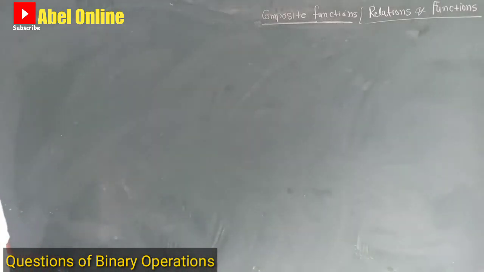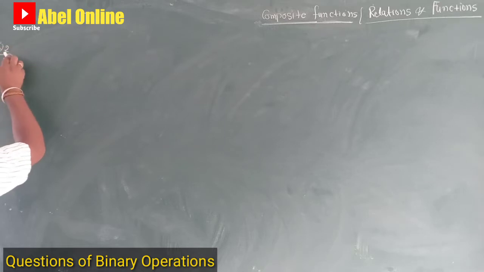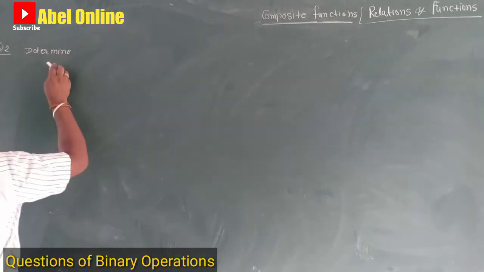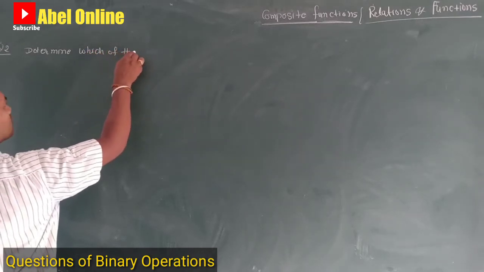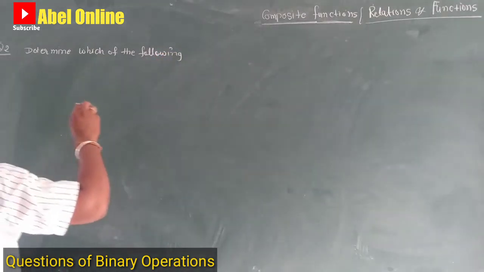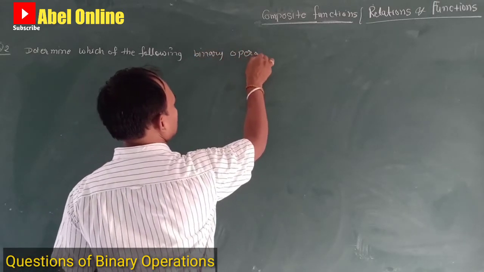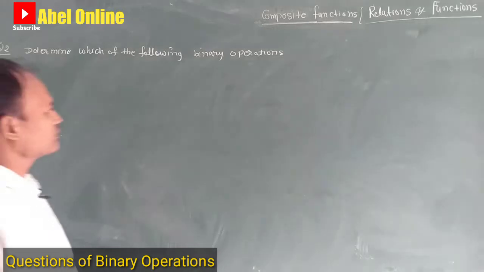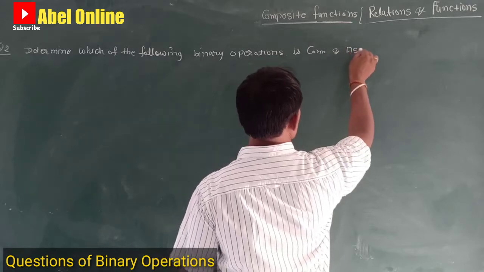Okay, so the question is, question number 2: determine which of the following binary operations is commutative and associative.